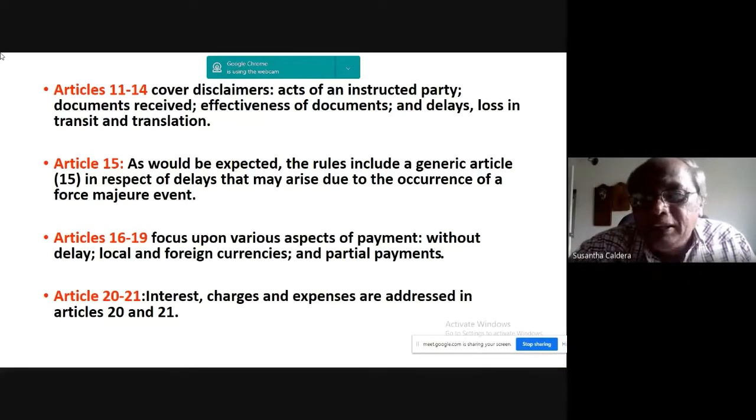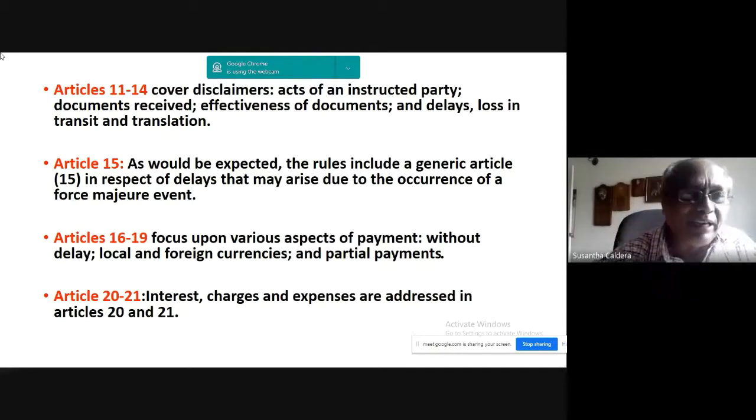Because according to URC 522, yes, it can be held without payment, right? But between the buyer and the seller, they know the correct picture. As a bank, we have to think about the country also. The other banks also, I think you heard that answer. That's a good practice by Standard Chartered.